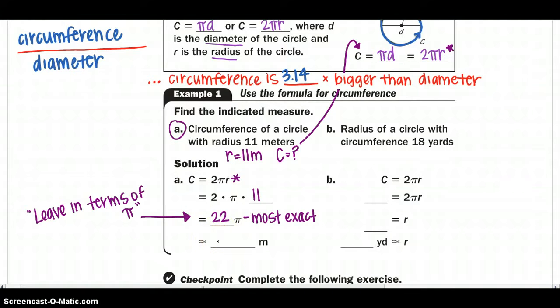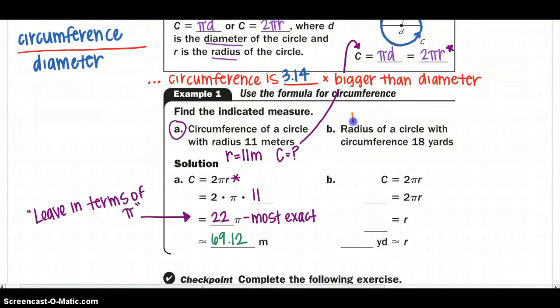Remember the pi button, if you have a graphing calculator, it's going to be underneath the clear button. On your calculator, it's going to be the second, and I call it the caret. So we will say 22 times pi would be approximately 69.12 meters.